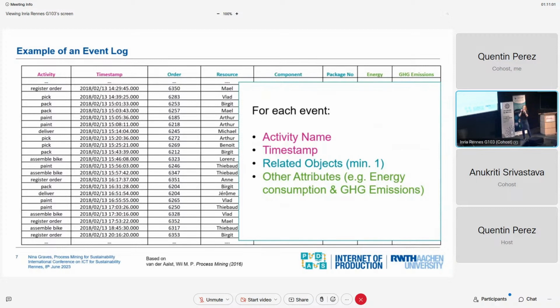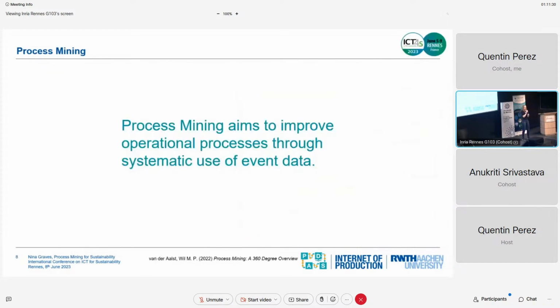In the case of our example process, we have the resource, the person who performs the activity, we have the components that are used and the package that is created, and of course we can add some additional attributes about these events. So how much energy did we use? How much greenhouse gases, sorry, not only carbon, did we produce? Yeah, so this is event data.